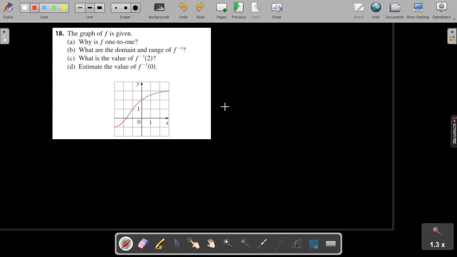Second question says, what are the domain and range of f inverse? So it's not f, but f inverse. Remember that this is the graph of f, but we're asked for the domain and range of f inverse.